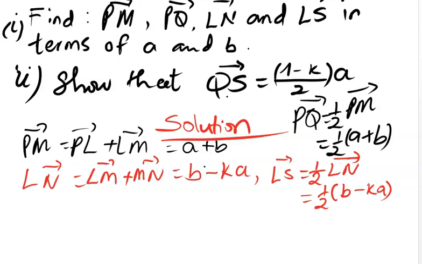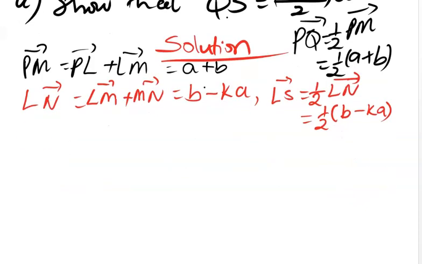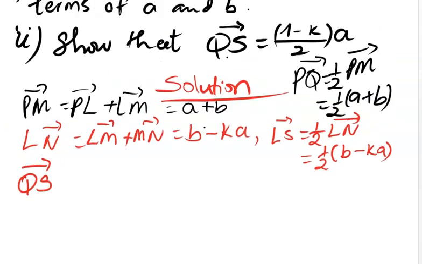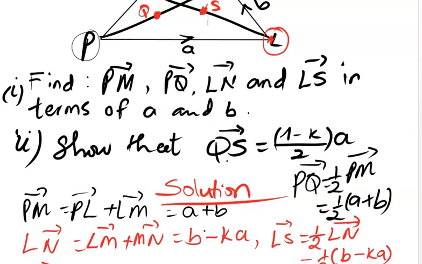Now, the last part of the question is to show that QS, that's from Q to S, is (1 minus K over 2) times A. Let's go back to our diagram and look at the road that we're going to take.